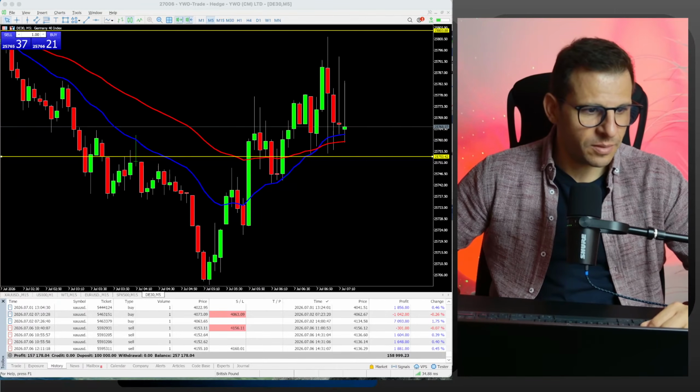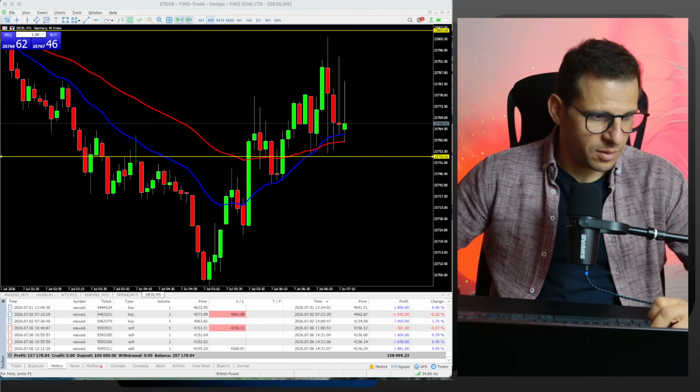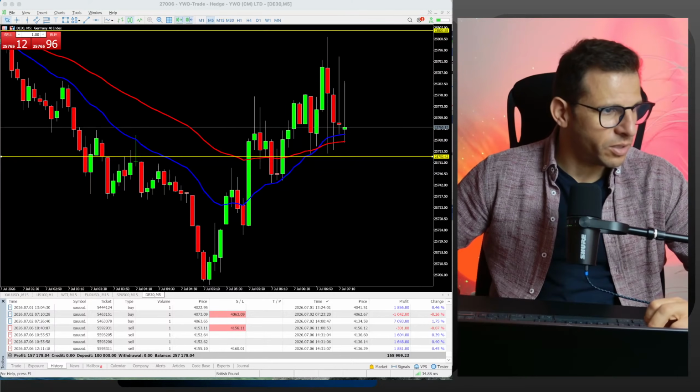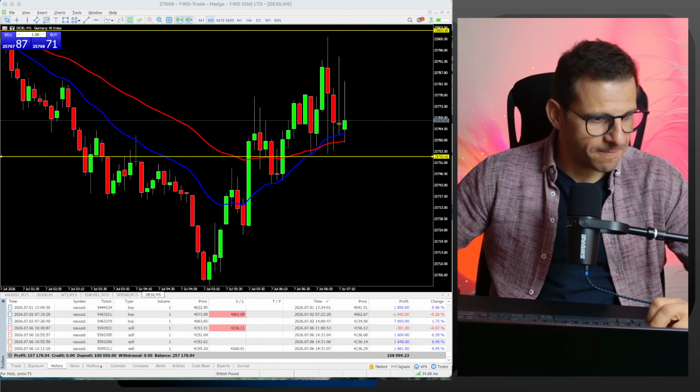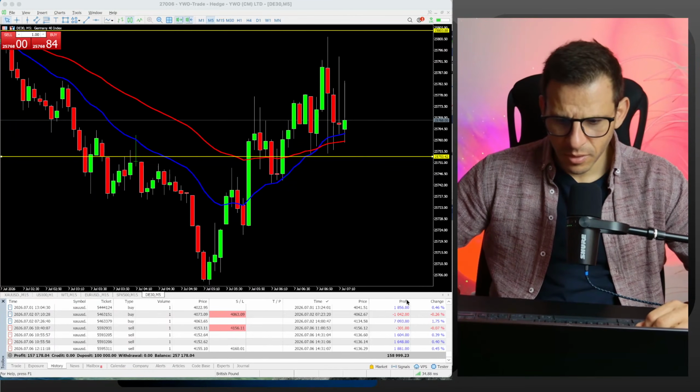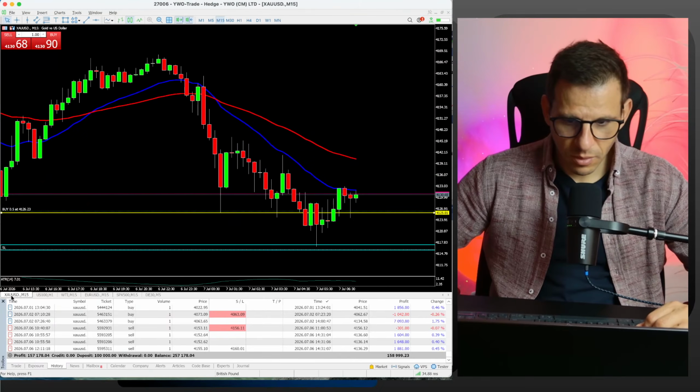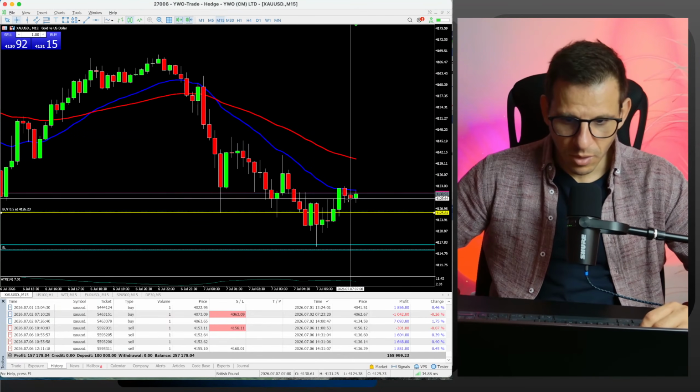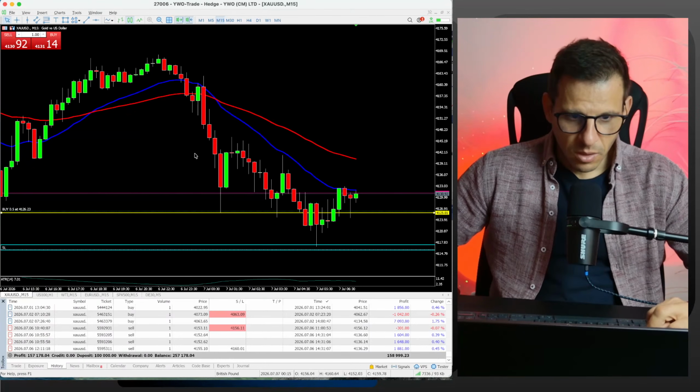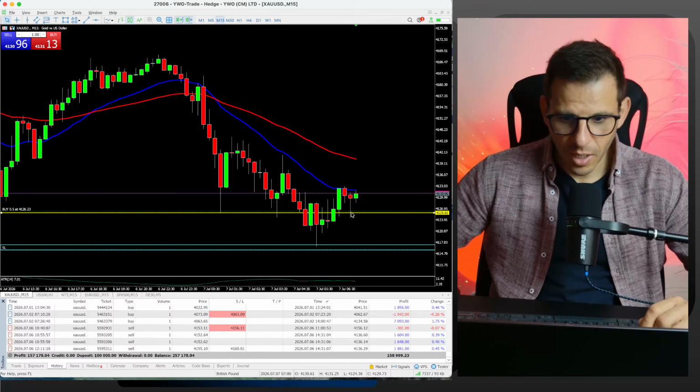Any comments, guys? Any observations? Anything you want to share? Gold came with this bullish hammer right at our entry support.